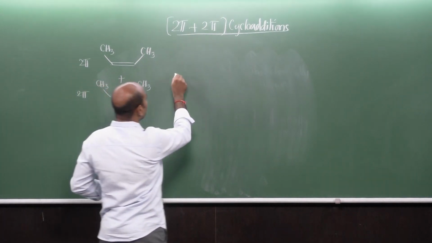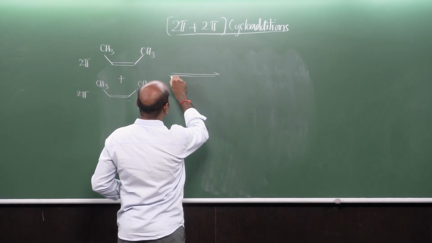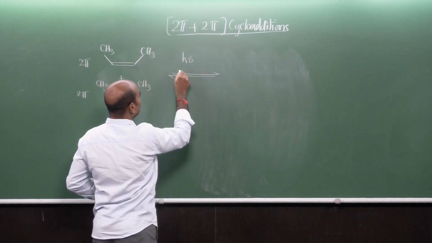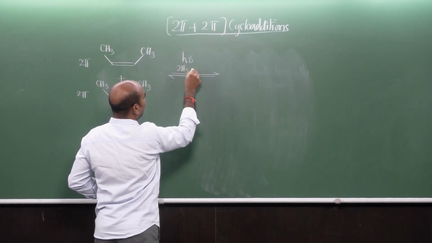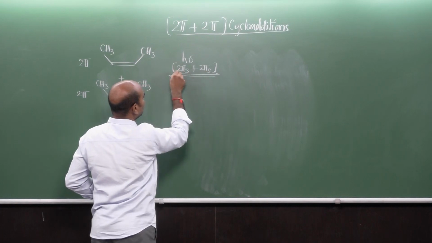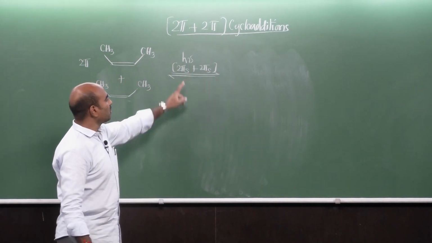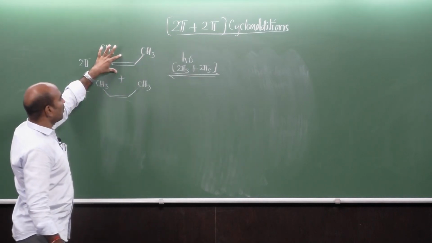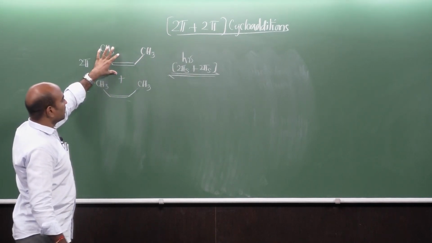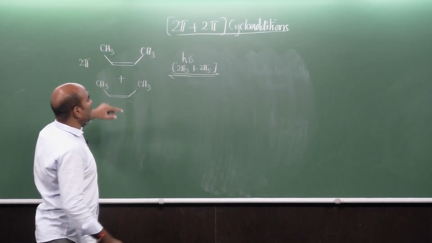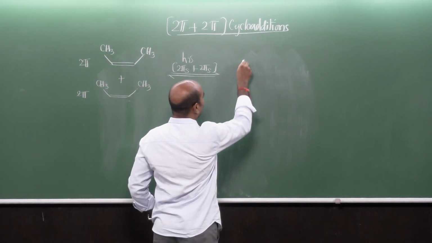Under photochemical conditions, which mode is allowed? The first partner should be a supra partner and the second partner should also be a supra partner. So 2π supra plus 2π supra is allowed photochemically, and now we are checking the example of 2-butene. This 2-butene will give you two different products.